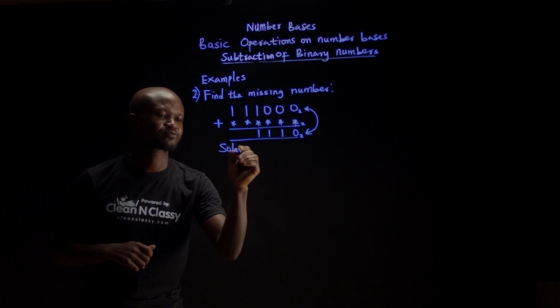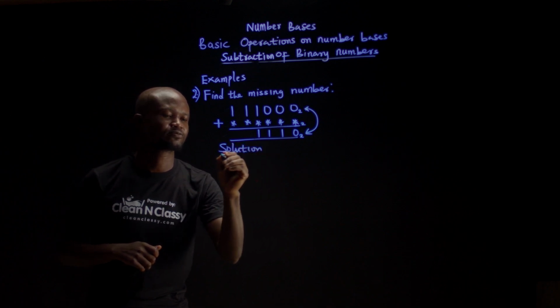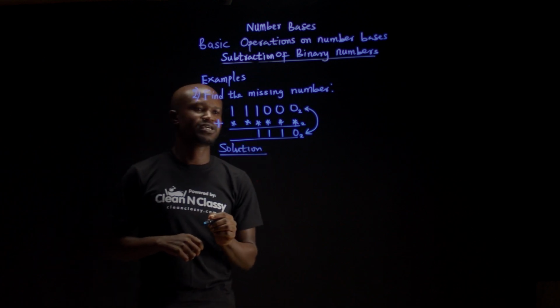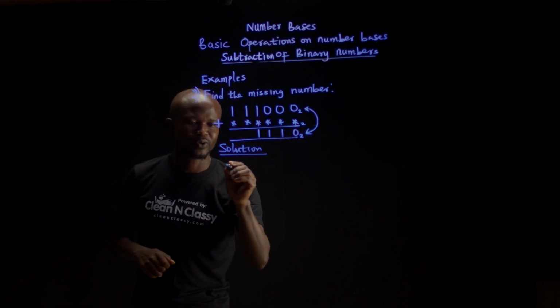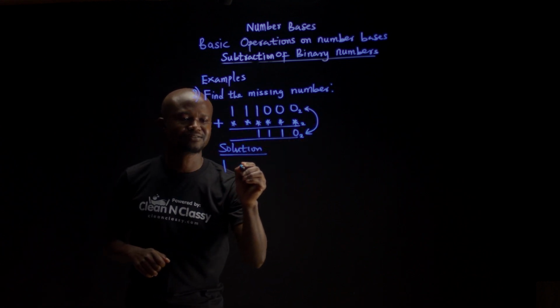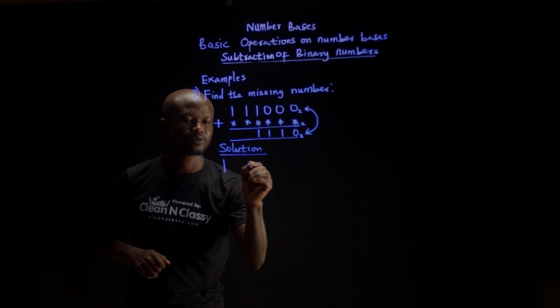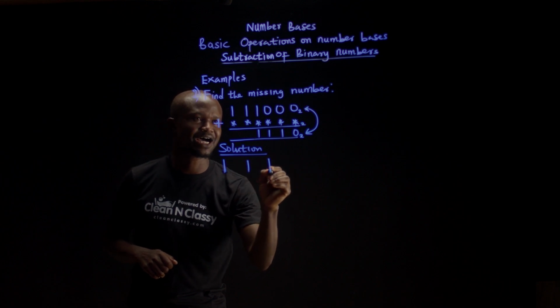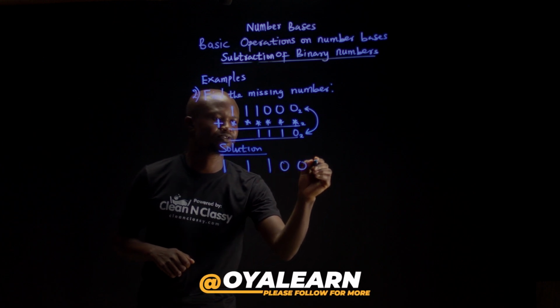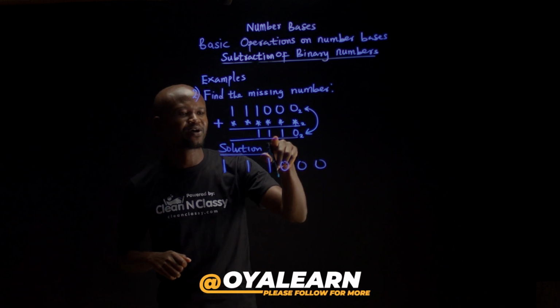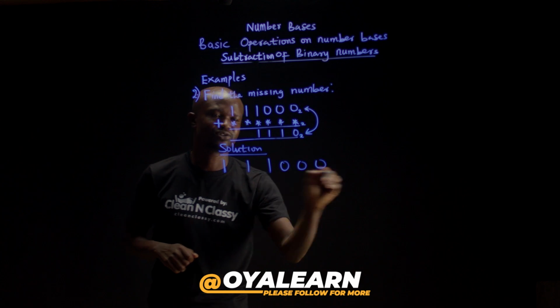Solution. Now, for us to find star, star, star, star, we have 1, 1, 1, 0, 0, 0. Then we take away what we have at the last row.